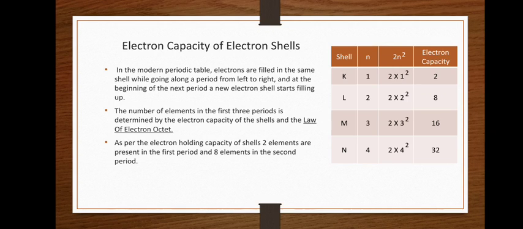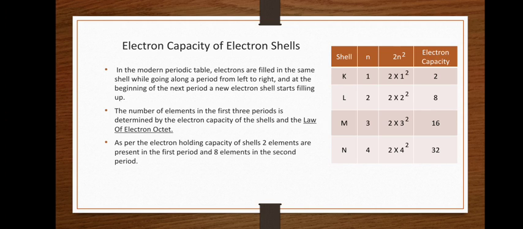So first period you can see 1, 2, okay. Then in second period you can go up till 2, 8. That is the configuration of neon. Okay, right. Then again you can go to the third shell, and then the fourth, that is 32.